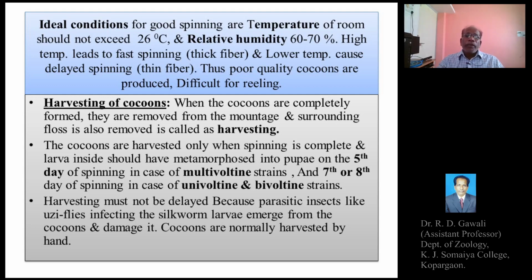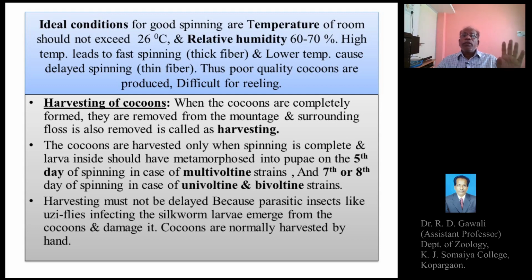Harvesting is done manually, and it should not be delayed because of the chances of release of Uji fly larvae, and also the possibility of fertilized eggs on the body of the silkworm larvae. These can hatch during the pupation, and that's why there should not be a delayed harvesting.